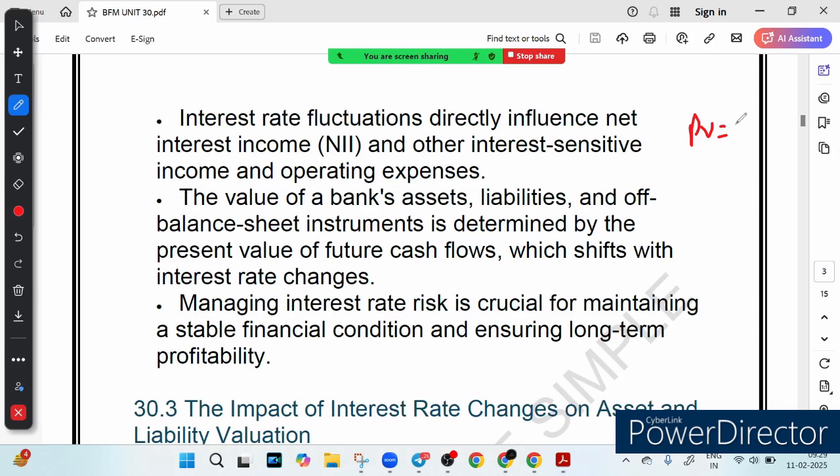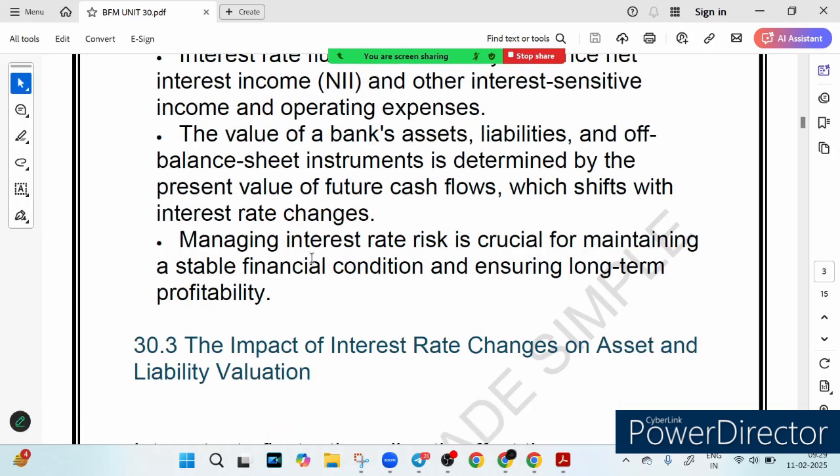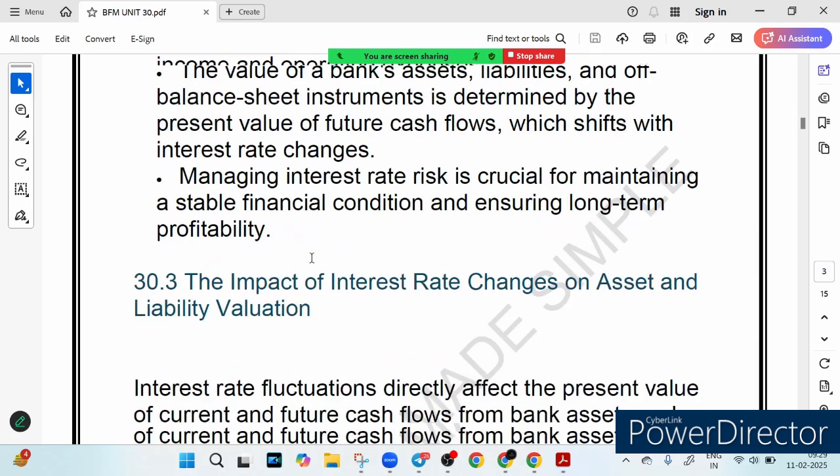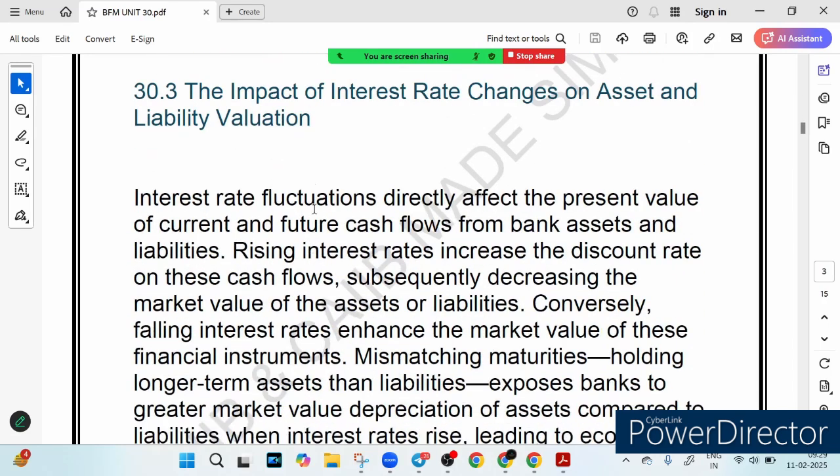So you know very well that the present value is significantly impacted by the change in interest rate. Managing this interest rate risk is crucial for maintaining a stable financial condition. So you cannot deny or undermine the impact of interest rate risk on our strong financial condition. Now let's talk about valuation, exactly how the interest rate change affects assets and liabilities.